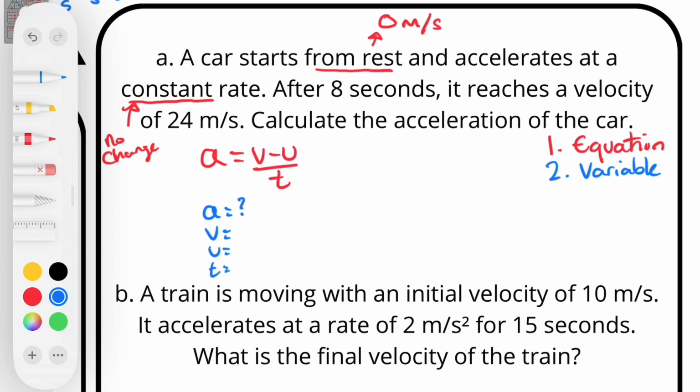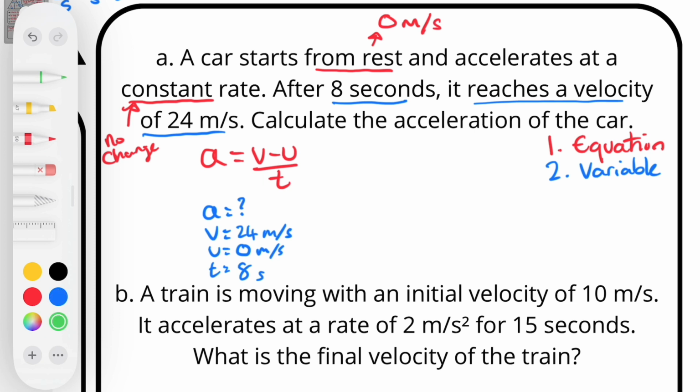So our final is until it reaches a velocity of 24 meters per second. So that's 24 meters per second. U is our initial or our start. So a car starts from rest, so from 0 meters per second, and T was our time. We've got here 8 seconds.